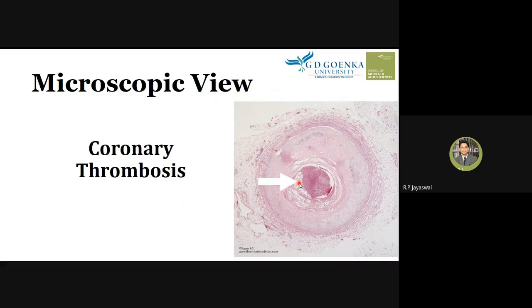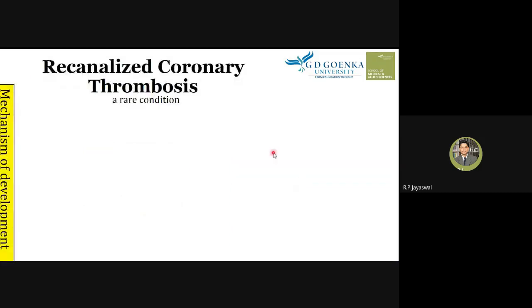Now we can see the recanalized coronary thrombosis, which is a rare condition. The mechanism of development of this recanalized coronary thrombosis is what we need to know. This occurs following thrombotic occlusion, and thrombotic occlusion may lead to the recanalization process.